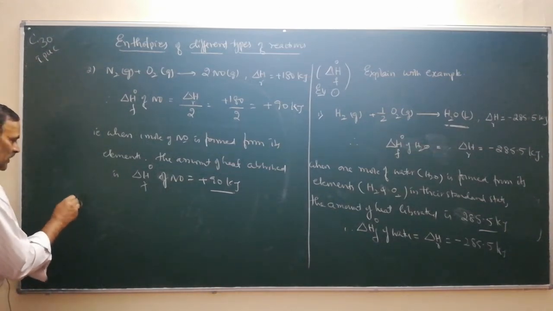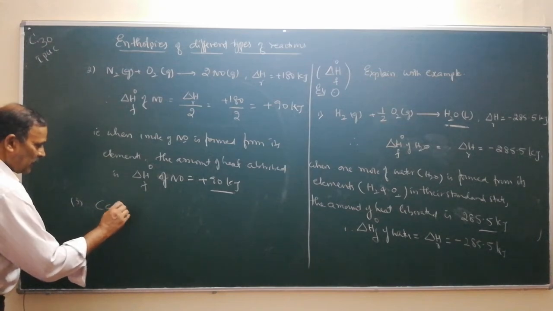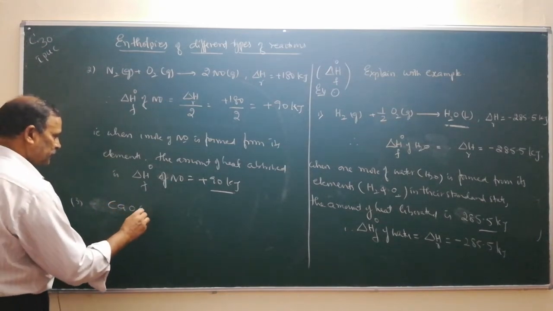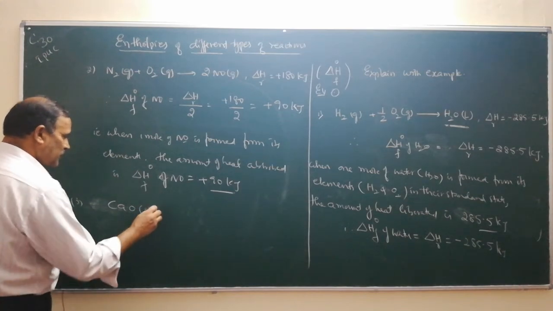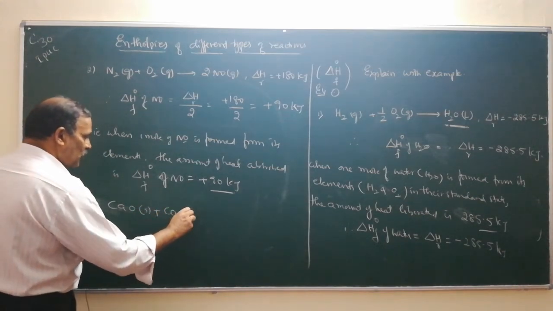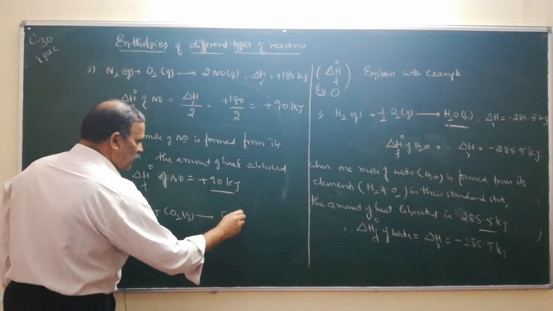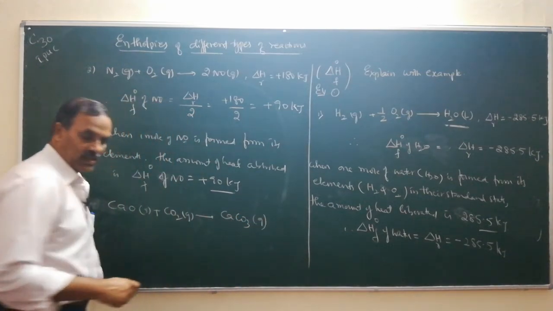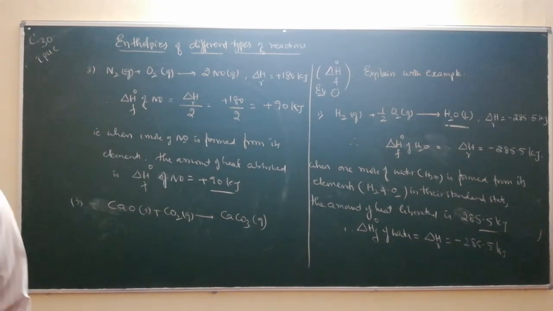So I will give you another example. CaO(s) plus CO2(g) gives CaCO3(s).